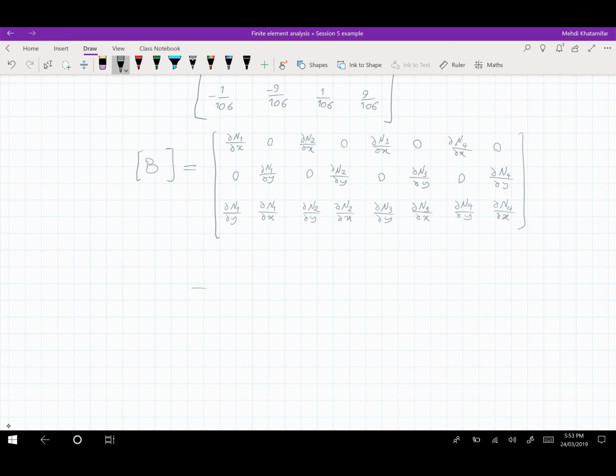Let's put the values. We have all the values for those terms.